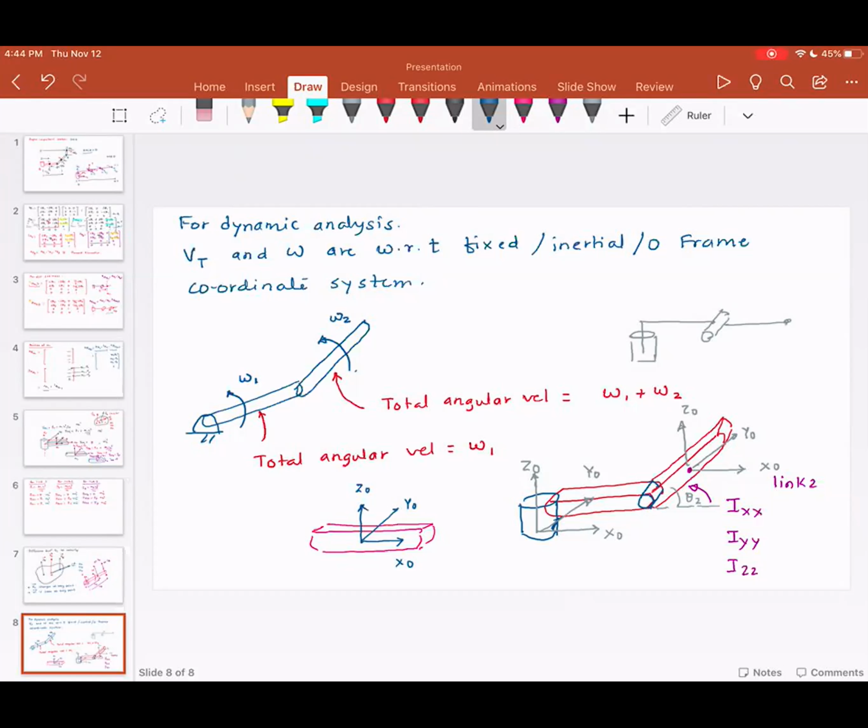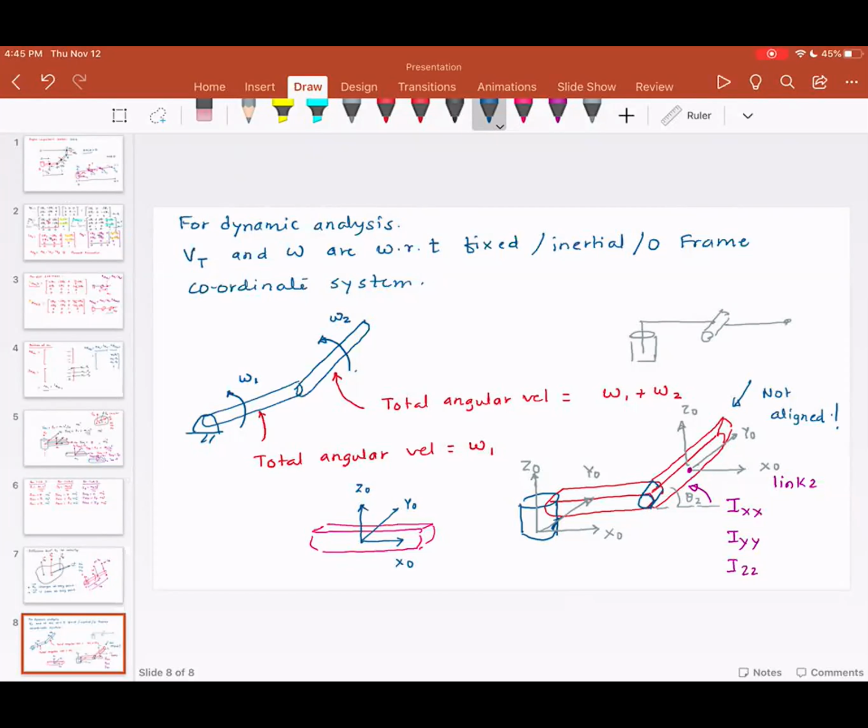So in this particular case here, they are not aligned. So what it means, if you try to find out Ixx, Iyy, and Izz, when the link number 2 is oriented by theta 2, most likely your values will be incorrect.